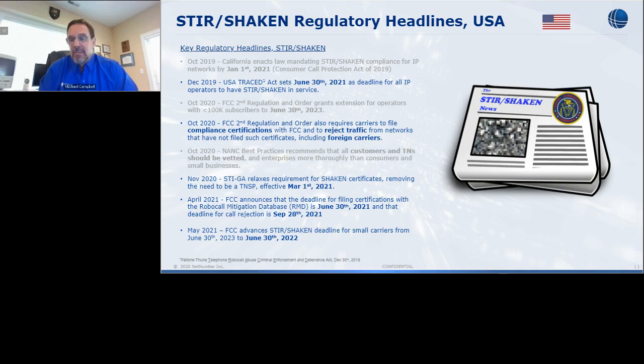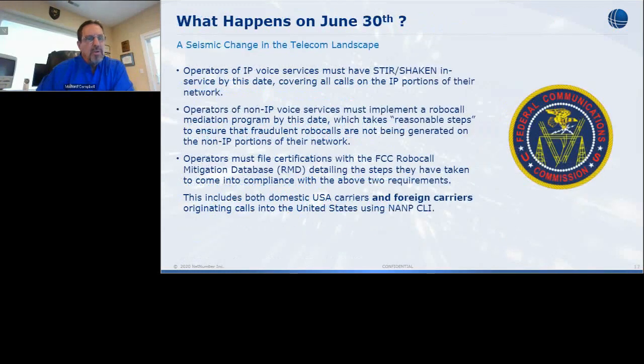And that meant that some intermediate carriers and a lot of over-the-top VoIP carriers, and anybody who was not directly owning their own TN resources but getting them from someone else, really didn't have to play this game if they didn't want to. Well, they've relaxed that requirement now, and so that has some implications for these carriers that we'll look into as well. So that's the regulatory environment that's shaping what we're doing right now.